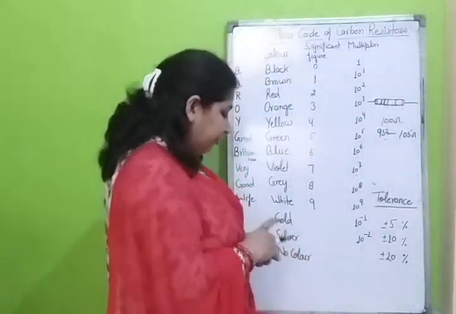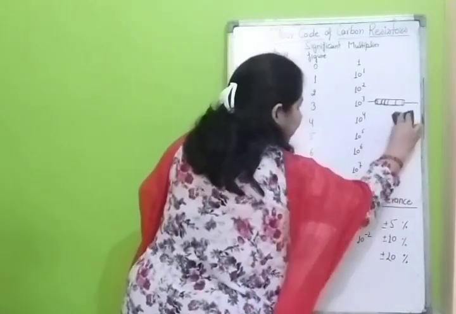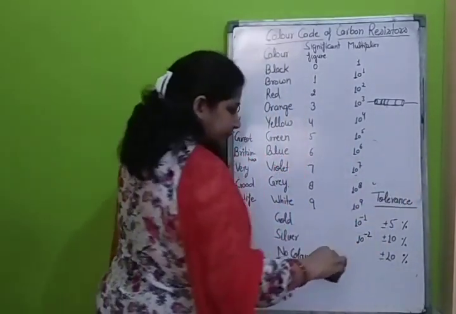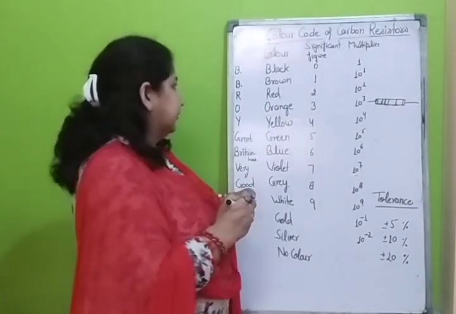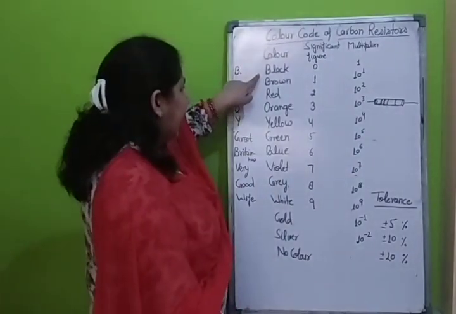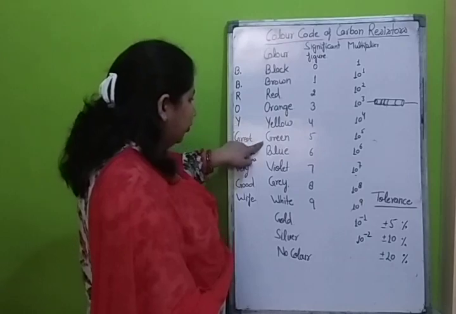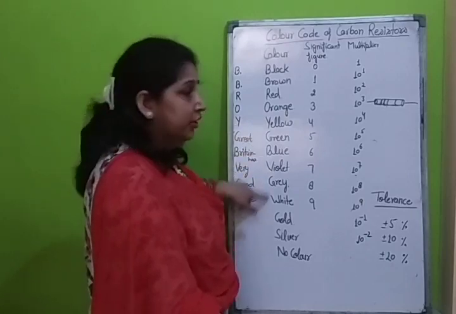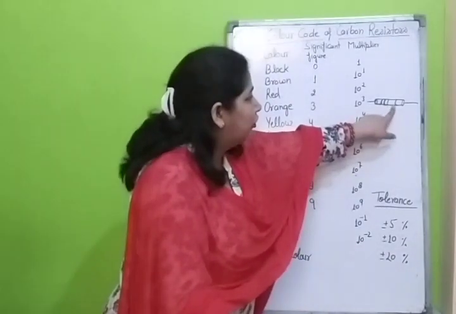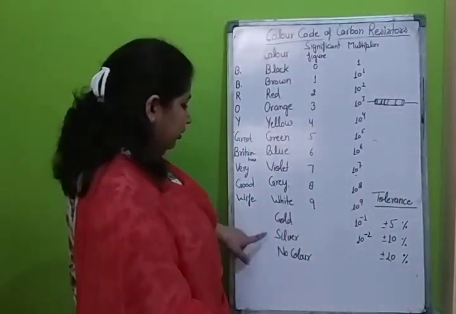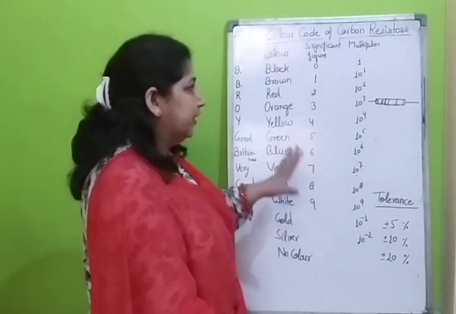And now how can we find which digit each line stands for? This is the sequence to find out the numbers of the lines. We have black, brown, red, orange, yellow, green, blue, violet, grey, white. These are the colors for the first three lines. And the fourth line may be gold, silver or no color, means no line.